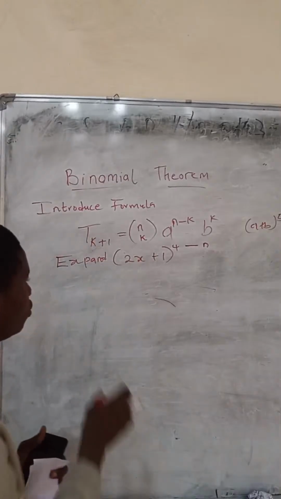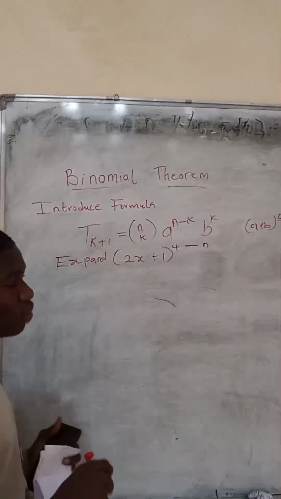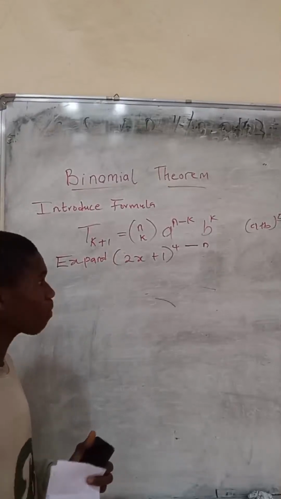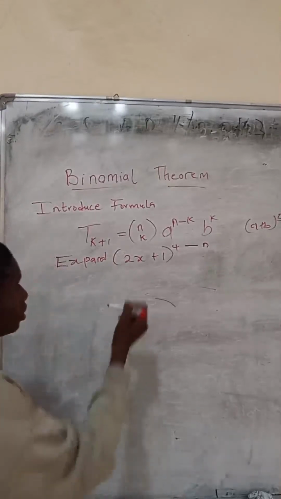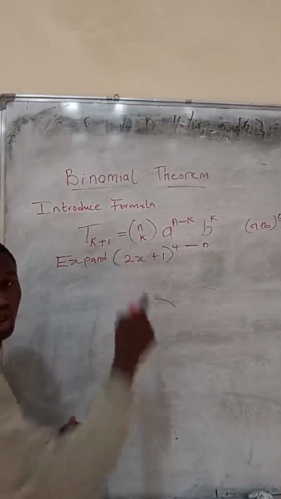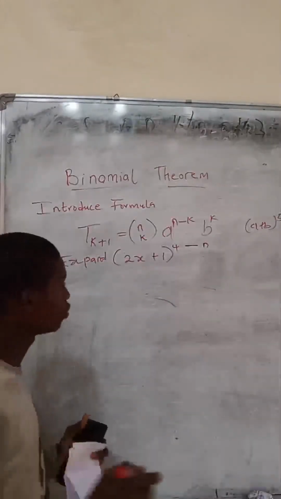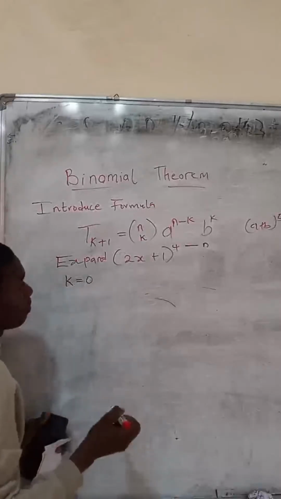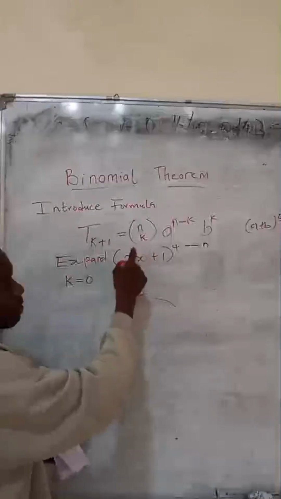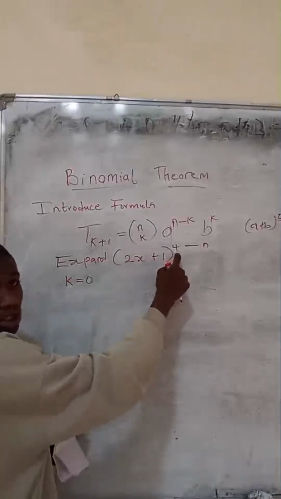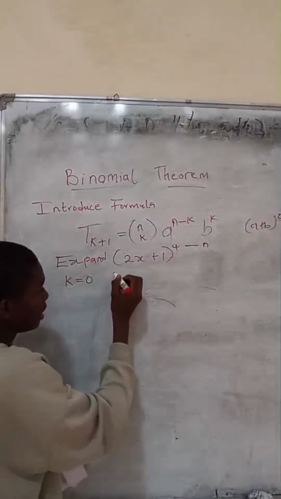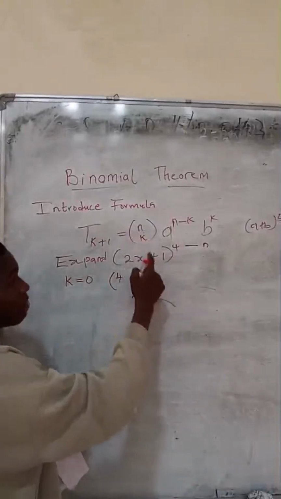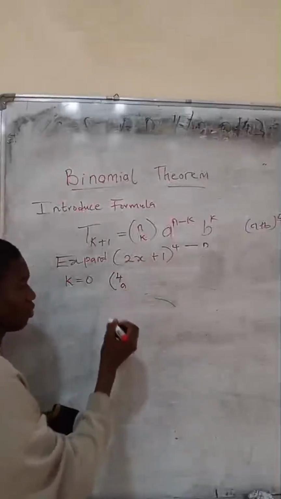Whenever you are using this particular formula, you are going to be solving for each case one by one. So we'll start from k equals 0. That's what we're starting from. So if k is equal to 0, then we have 4 choose, in a bracket, my 4, which is my n, then my k, which is 0.